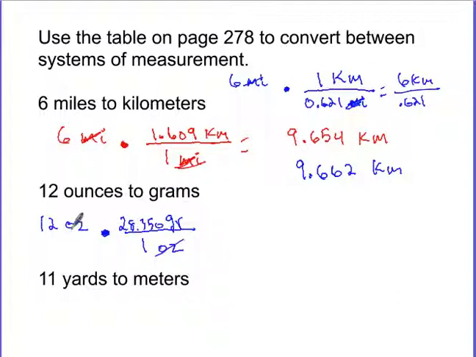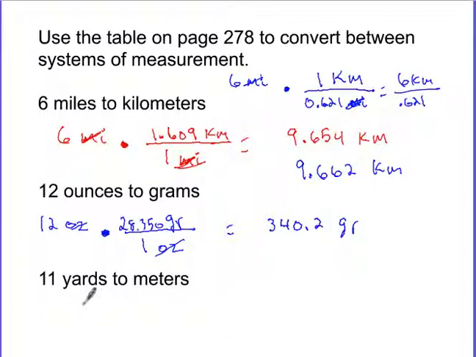So we're going to cross out the ounces. 12 times 28.350 is 340.2 grams. So 12 ounces is 340.2 grams. Same weight. We didn't change the weight, we just changed the unit that it was measured in.